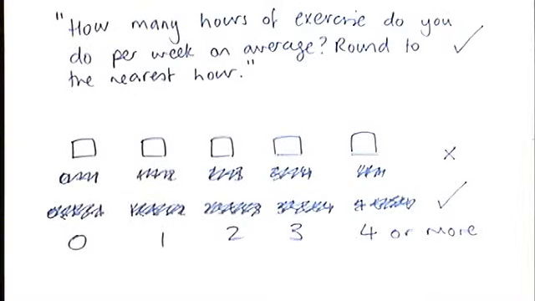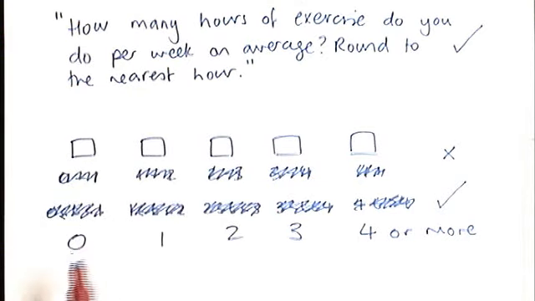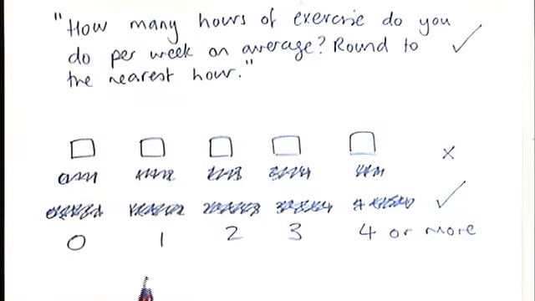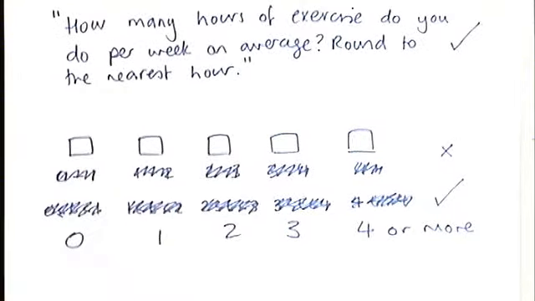Now because I've asked the person in the question to round to the nearest hour, everyone will be able to answer. They'll go, okay, if I did exactly half an hour, I'll round it up. If I did exactly 1.5 hours, I'll round it up. If I did 20 minutes, I'll round it down and I'll put 0. Giving them that responsibility and saying round your number means that you can get your answer boxes nice and simple and get that second mark.